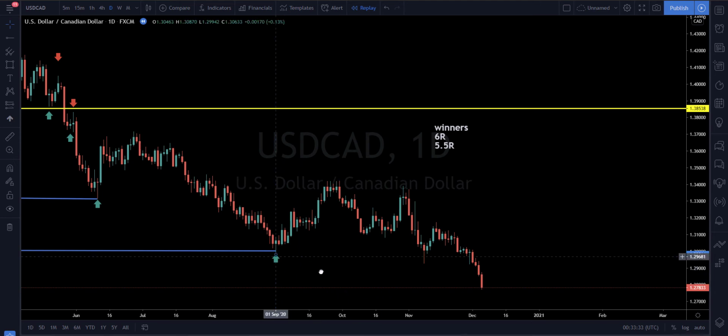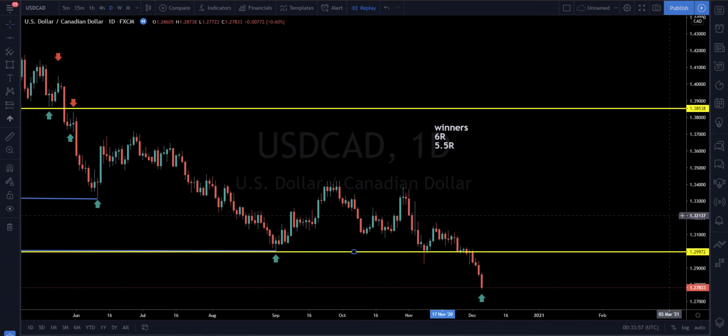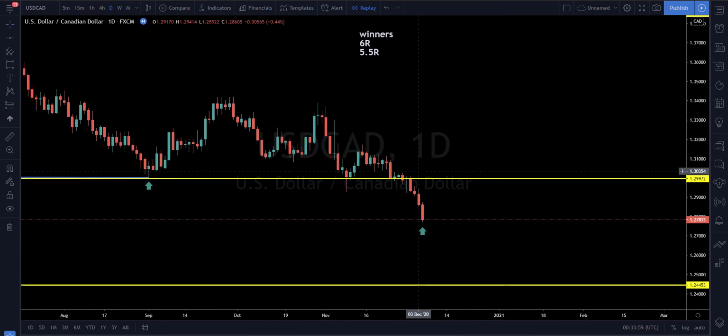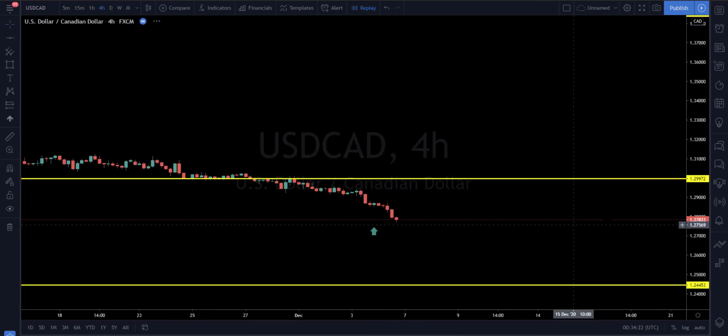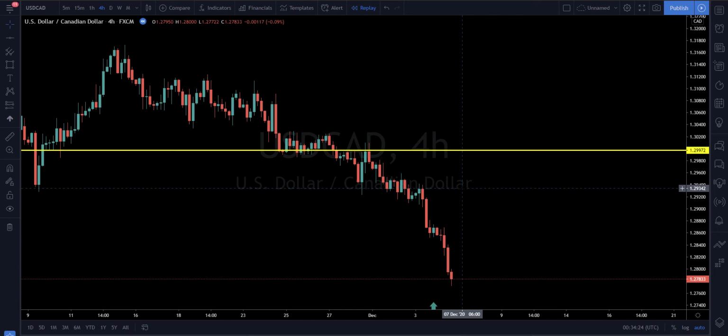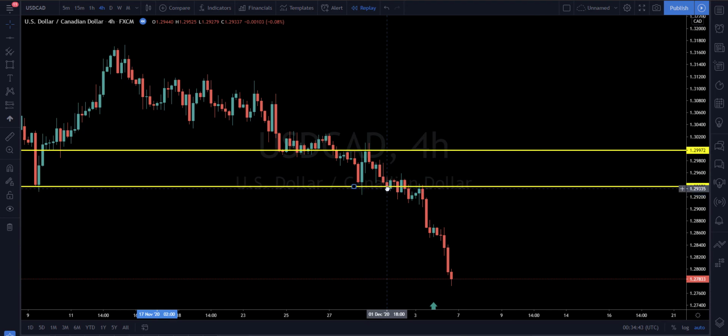So since we have a lower low, let's see roughly where the pullback would be. Let's draw a little bit of a resistance here. Let's go down to 4 hours to see roughly where the run started. So we broke through this resistance, then we broke through this resistance here. So that's where our run started.